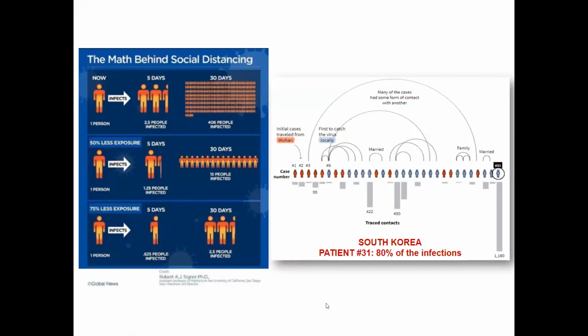What I have on the right-hand side of the slide is a case from South Korea. Many of you may be familiar with it. It's called Patient 31. Patient 31 was responsible for 80% of infections in South Korea, and that shows how important social distancing is.